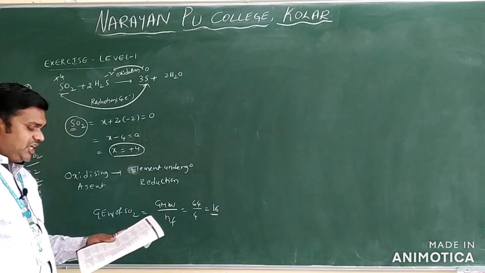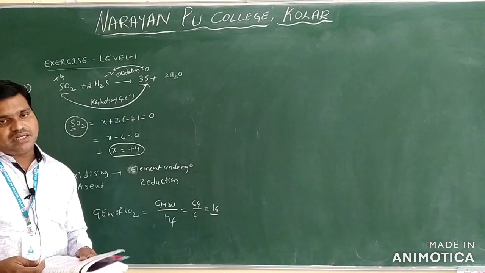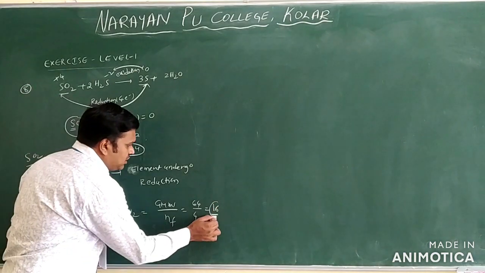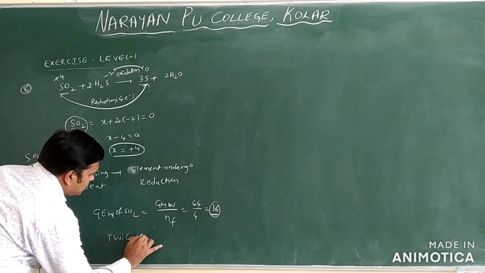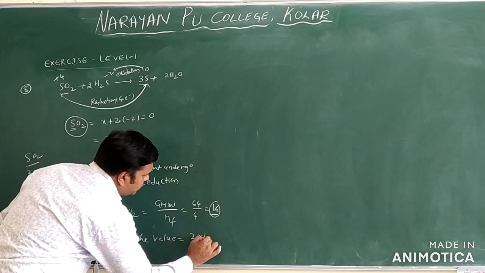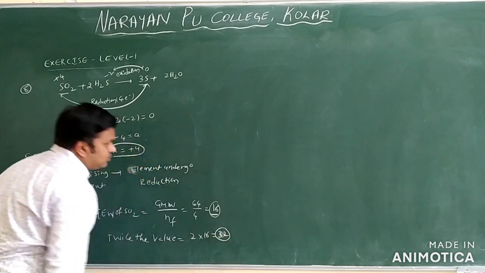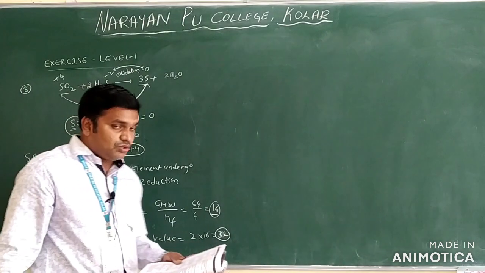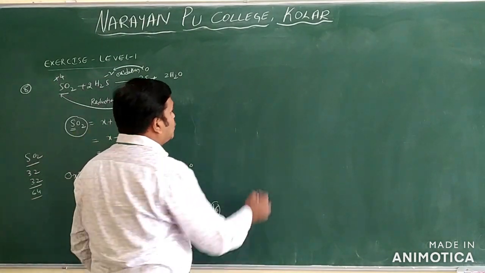The equivalent weight of the element is twice that, twice the value, that is 2 into 16, which is 32 only. So this is the answer for question number 8. We have to take option 2 for this question.